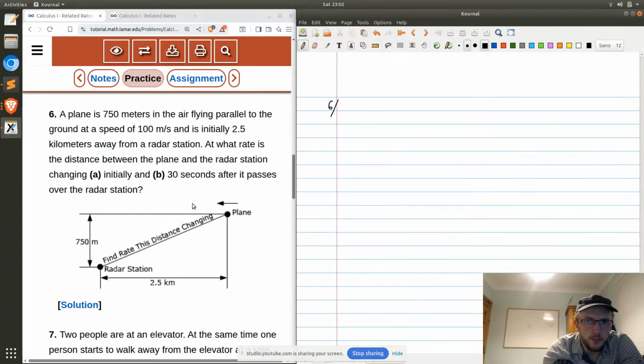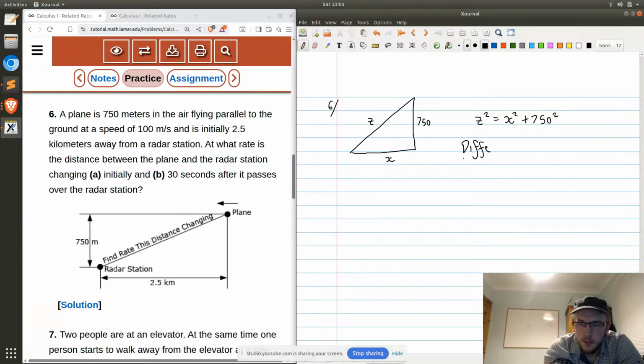All right, so let me think. How did they do it? Then differentiate with respect to time, which is t.